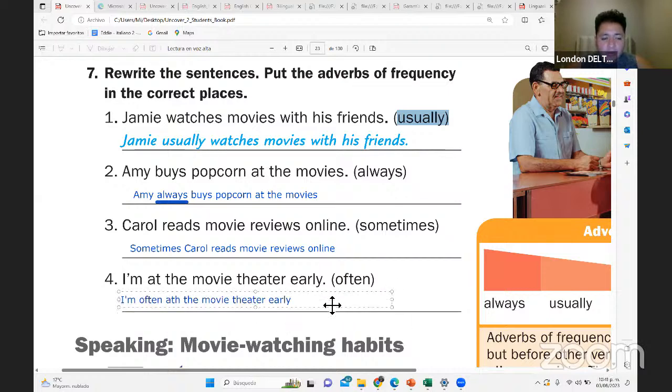Ok. Entonces aquí dice que llega temprano al cine. Movie theater es otra manera de decir cine. You can say cinema or movie theater, right? Or you can also say, a very American expression is, I go to the movies. Y eso es como voy al cine.